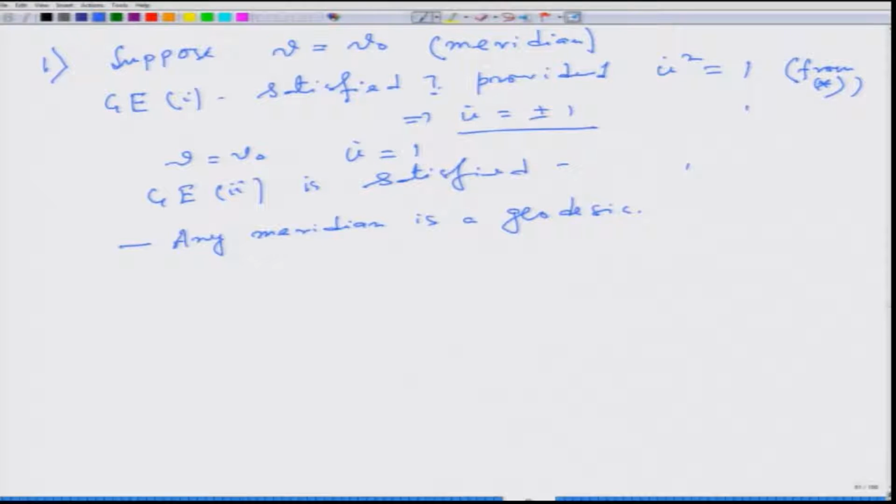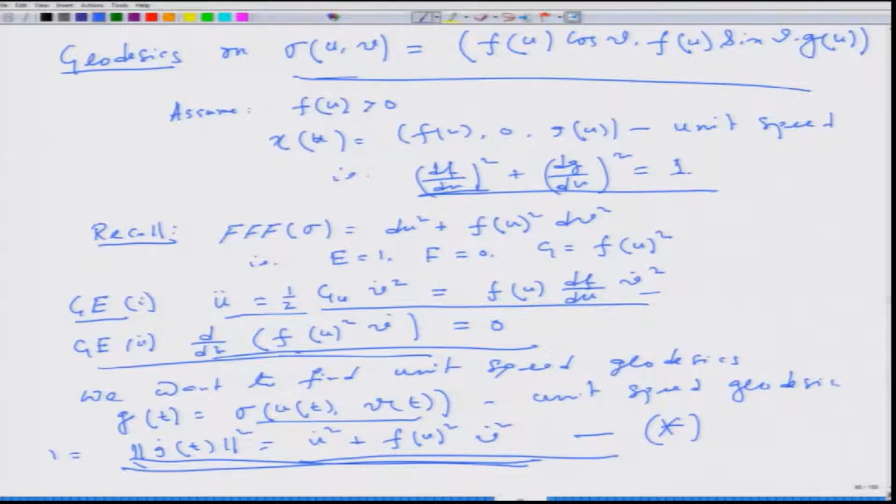Okay, let us look at the parallels, u equal to u naught, some constant. So, this gives a parallel. What will happen if u equal to u naught? In star, this is 0.